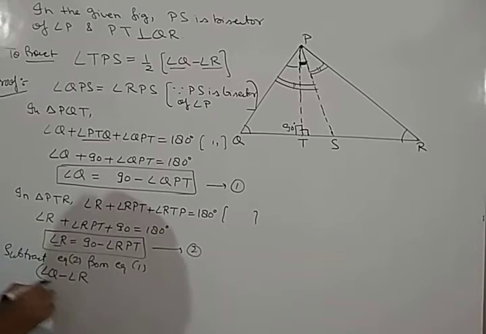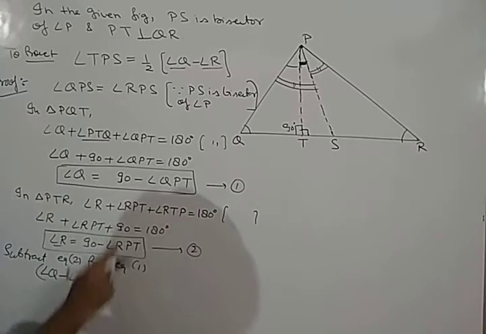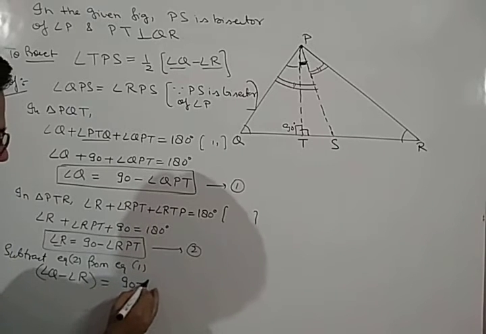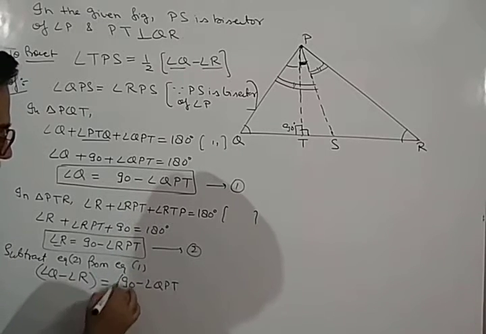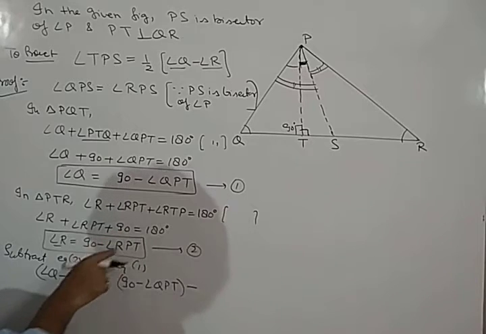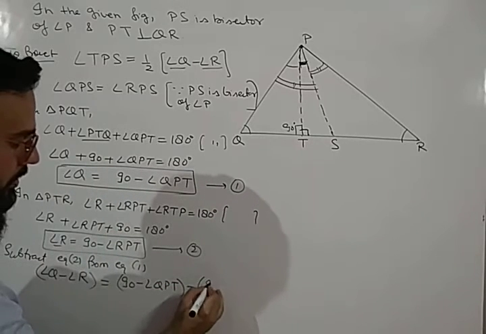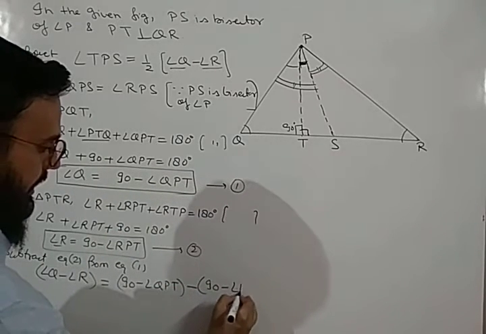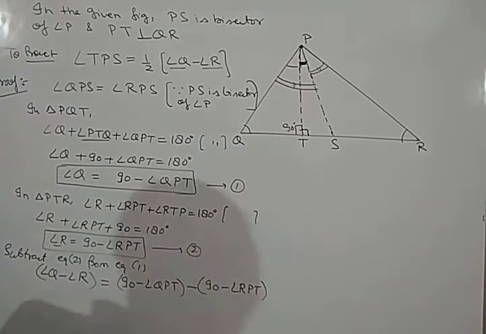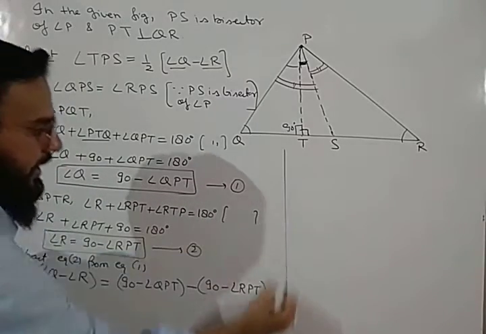Q minus R on the left hand side will be equal to 90 minus angle QPT in the first bracket, minus this term 90, use the bracket, 90 minus angle RPT. Okay. So now what will we get?